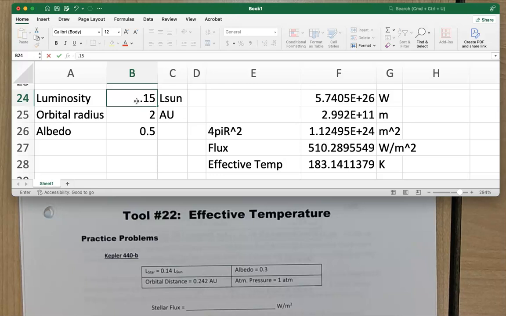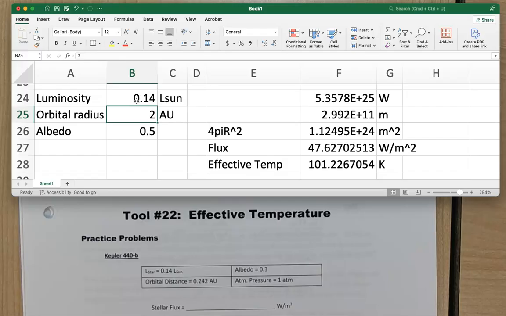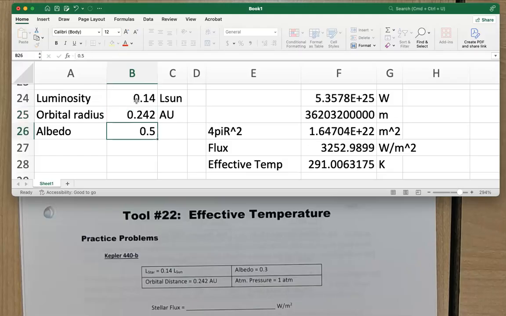So Kepler 440 is a star with a luminosity of 0.14 solar luminosities. Kepler 440b is a planet that is orbiting at a distance of 0.242 AU, and it has an albedo of 0.3. So this is a dim star.